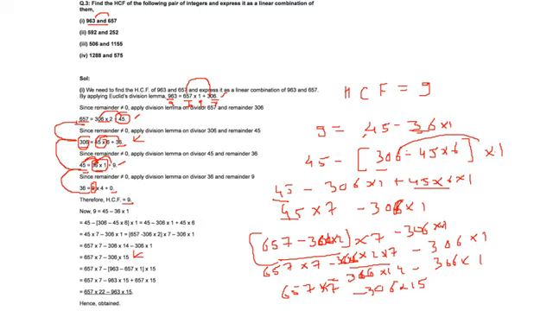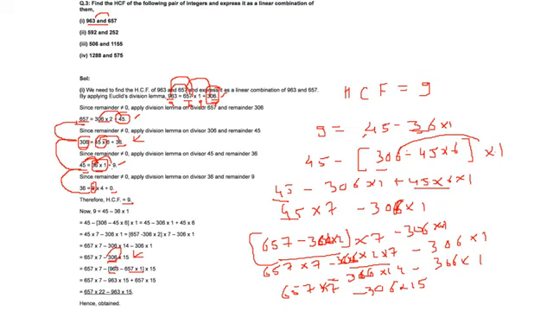But how has this 306 come? 306 has come from here. It is nothing but 963 minus 657 into 1. So in the place of 306 we write 963 minus 657 into 1.